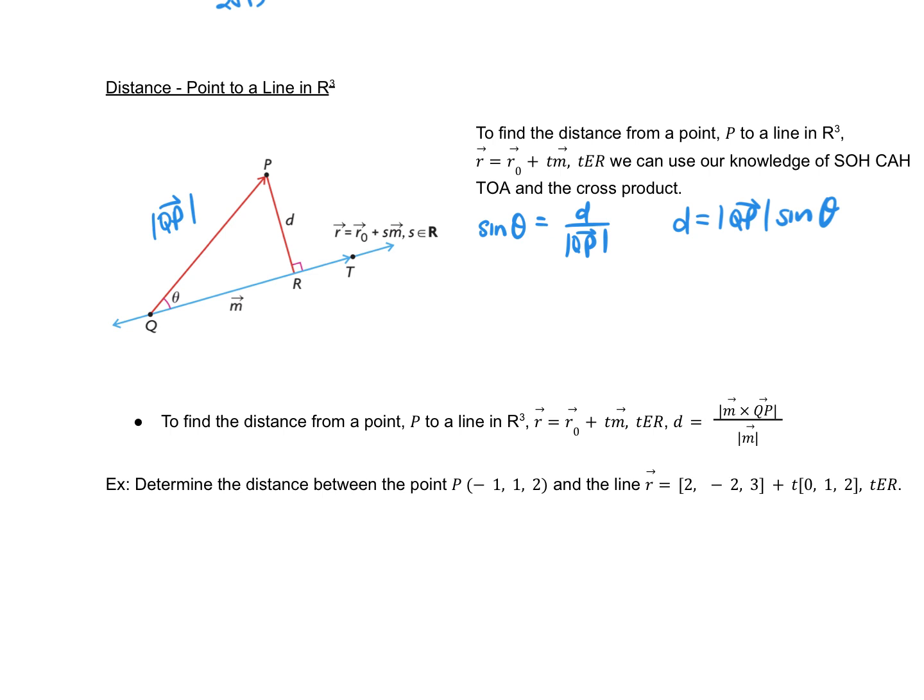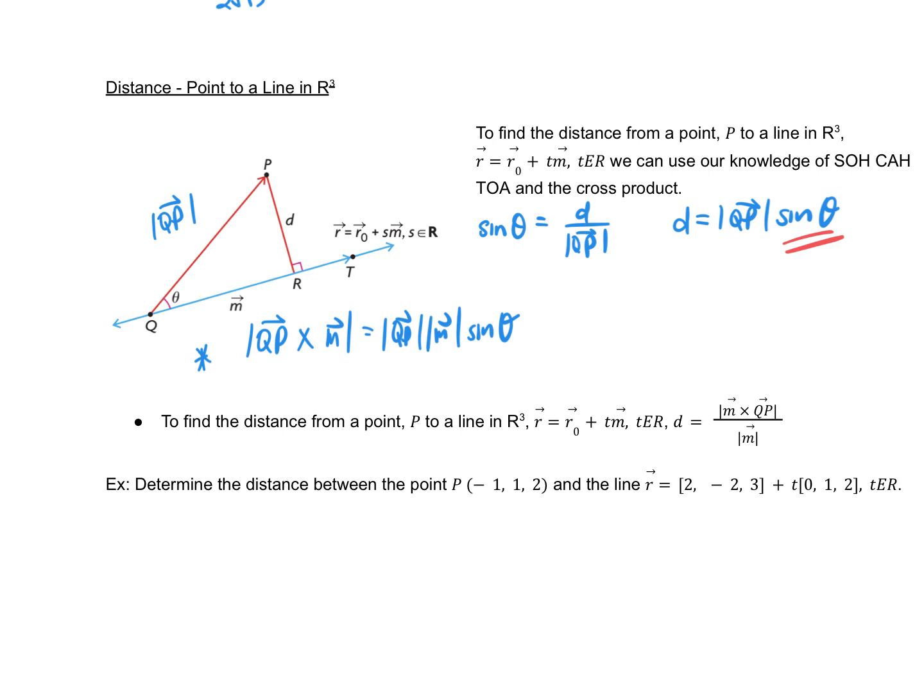So that's where the cross product is going to come in. As a reminder, if I wanted to find the magnitude of the cross product between QP and M, it would be the two individual magnitudes multiplied times sine theta. And the reason I'm using cross product is because cross product is about sine, and we have sine in our equation right now. And I'm using the magnitude because the magnitude of the cross product will use sine.